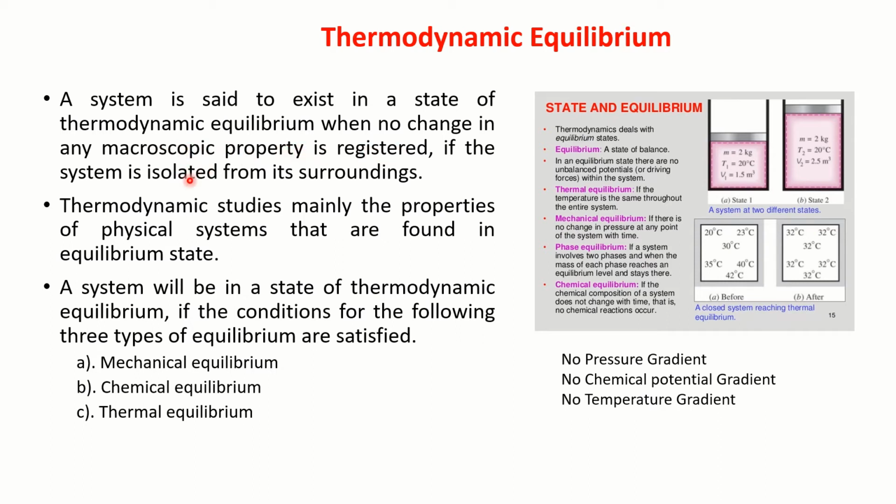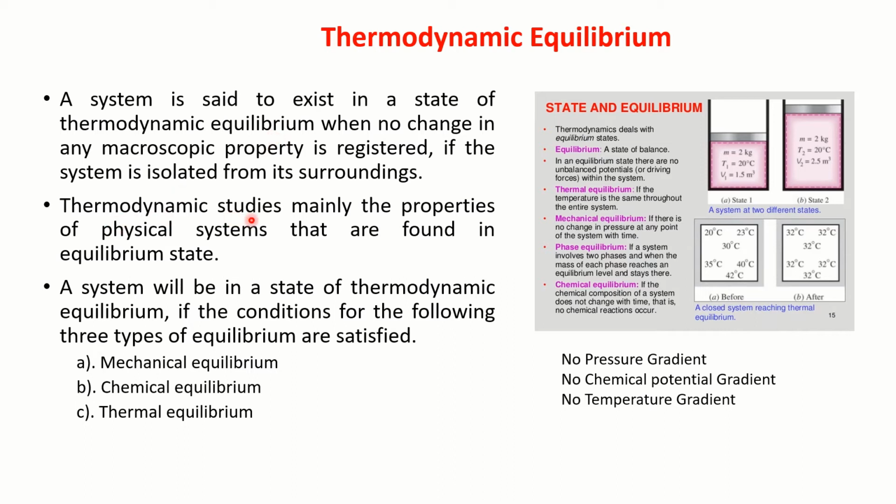It means you take a system, initially you measure its macroscopic properties, and then isolate the system. Once again you measure the properties. There should not be any change in them. Then we say that the system is in thermodynamic equilibrium with its surroundings.